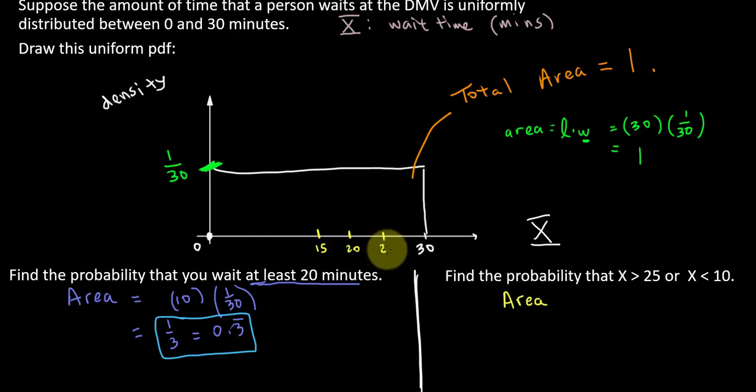Every 5 minutes seems pretty reasonable. Okay, so this question, in essence, it's like, all right, what's the chance that you wait a pretty long time or not that long? So I want to represent this area in my little image. So less than 10 minutes, that's going to be to the left here, or more than 25 minutes.